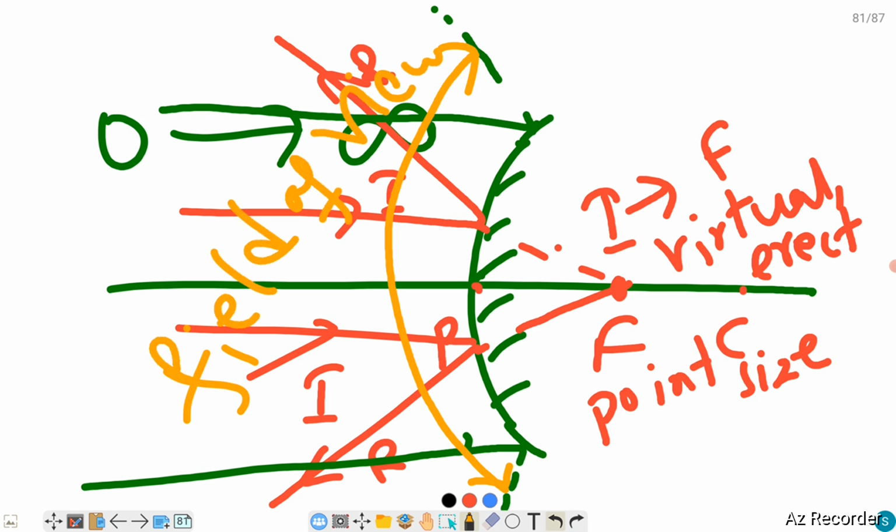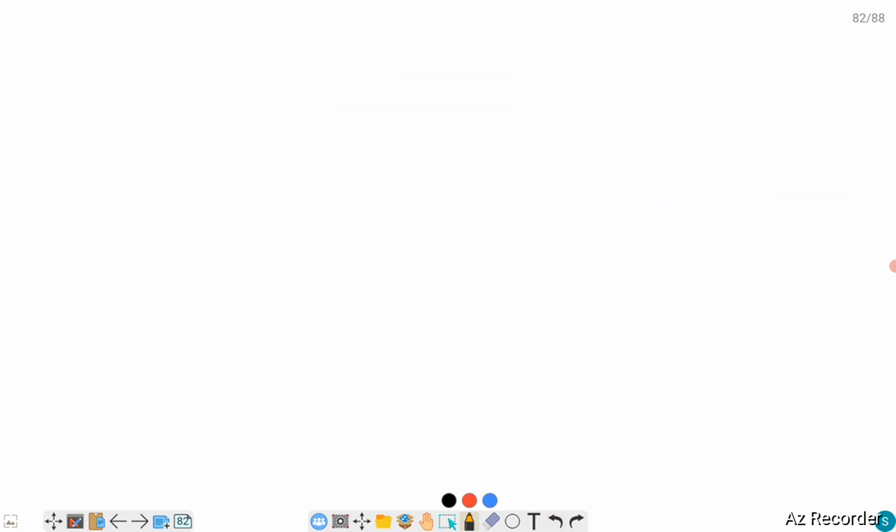That's why it has very large field of view. In between here and all, whatever objects you have, they are seen in this mirror, and they will be very small size, and they will be erect as well. Correct?